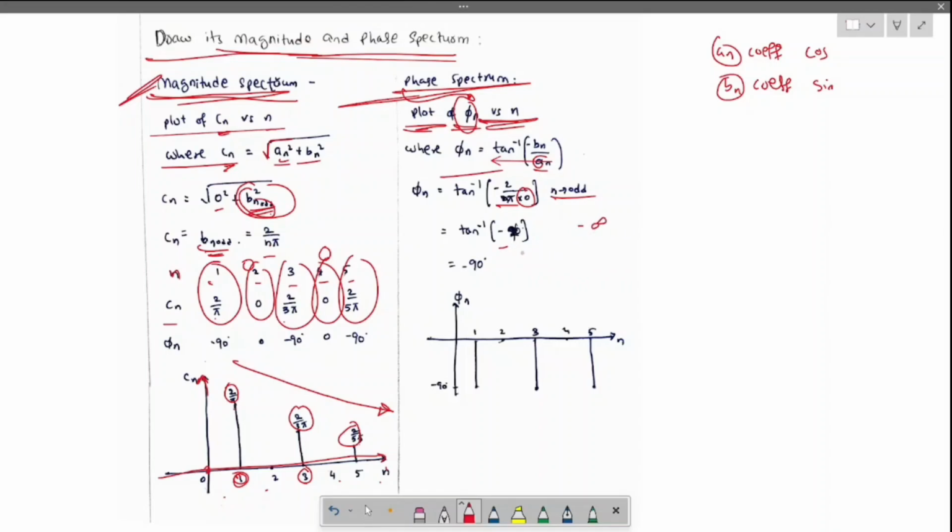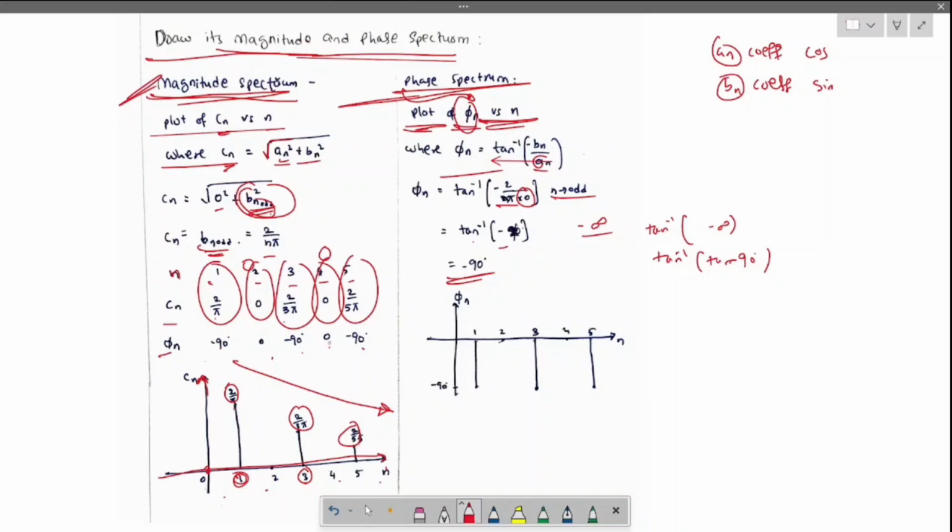minus infinity. So minus infinity, tan inverse of minus infinity, means you can write as tan inverse of tan minus 90, okay, which is minus 90 for every phase value, which is minus 90 in the case of 1, 3, 5.